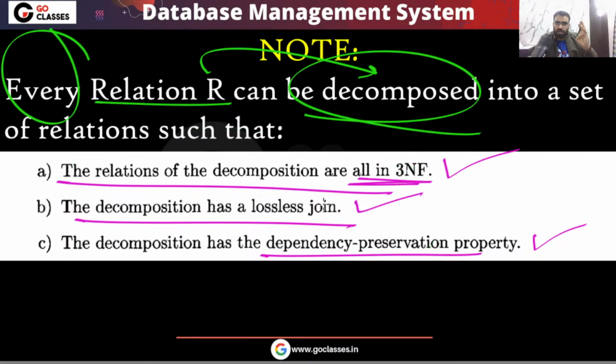If you want to get 3NF, lossless, dependency preserving, it is possible for every relation. Okay, is this clear? Very simple point.